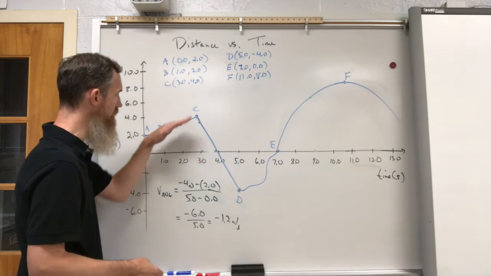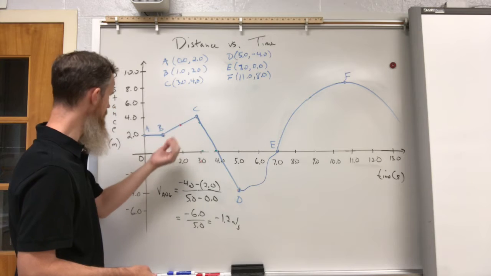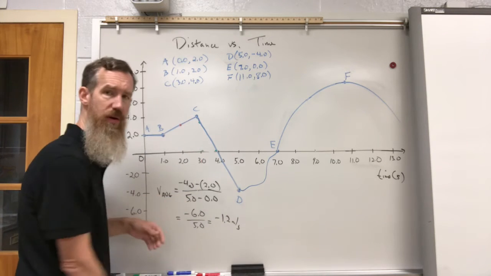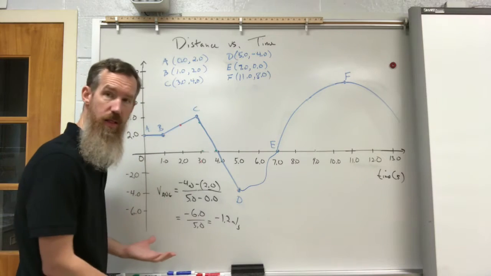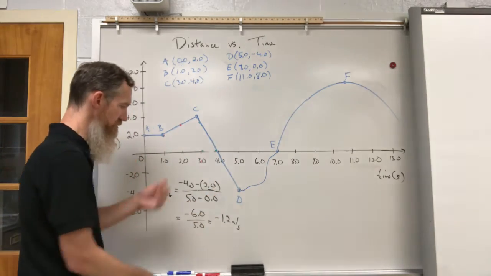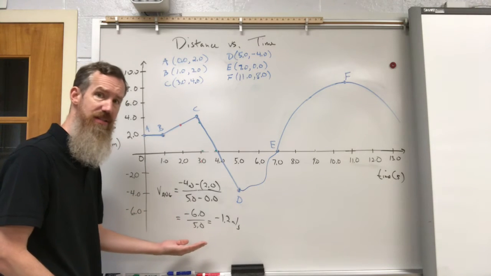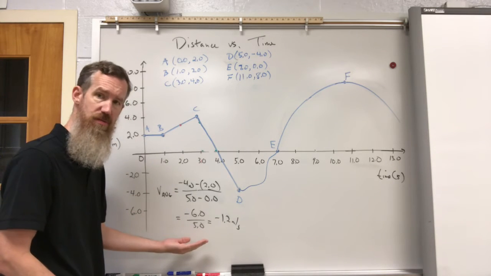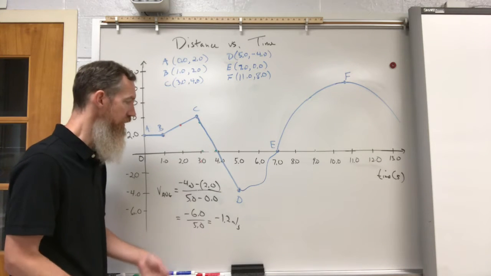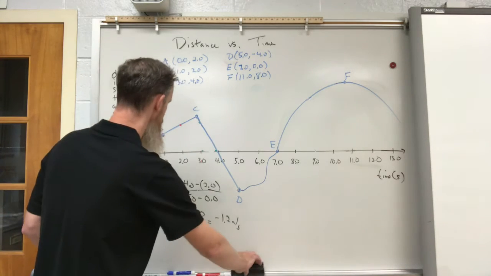Instantaneous velocity here was, what did we say it was? I think it was 1, and here was negative 4. But overall, from here to here, final minus initial, average velocity of negative 1.2 meters per second. So keep that in mind.